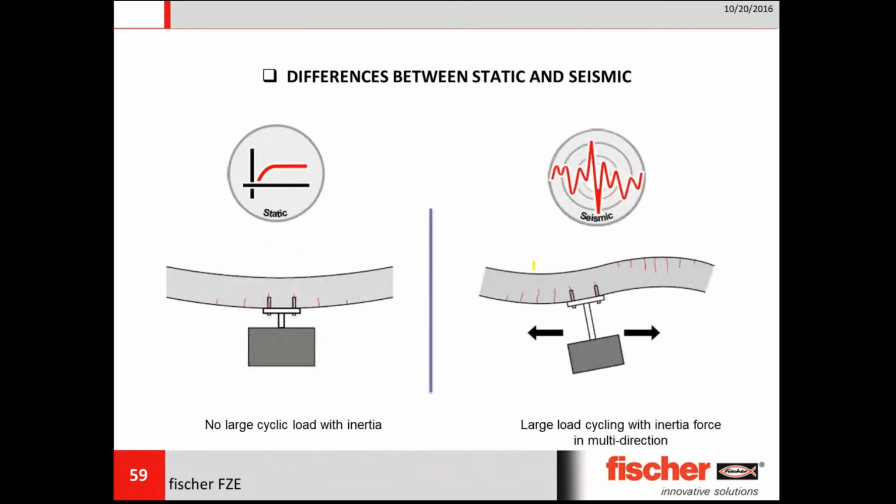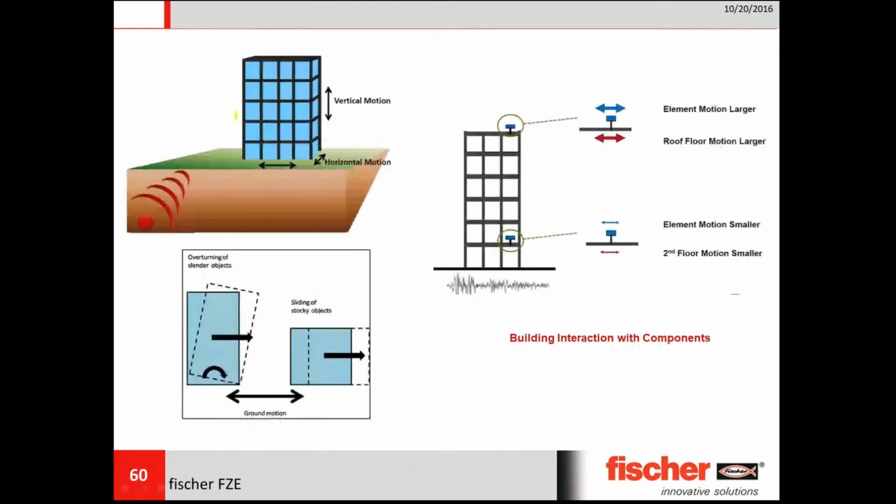But when you have a seismic load, the whole building moves, so the whole application, your equipment, also moves, thereby causing a huge inertia force on the application and thereby leading to the concrete. So basically, seismic force mainly acts in the horizontal direction.